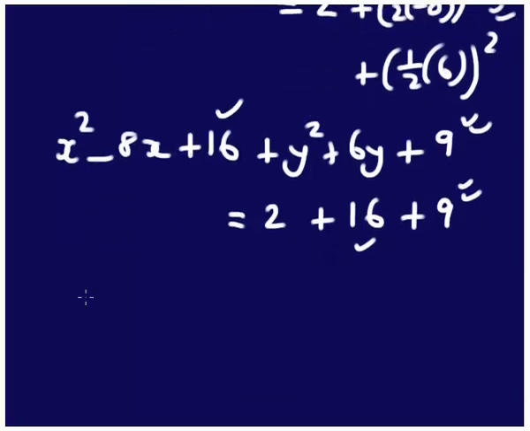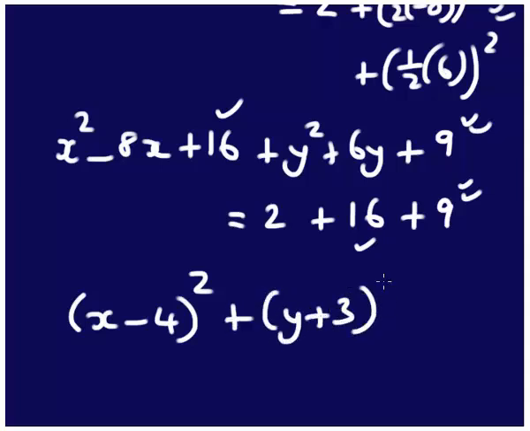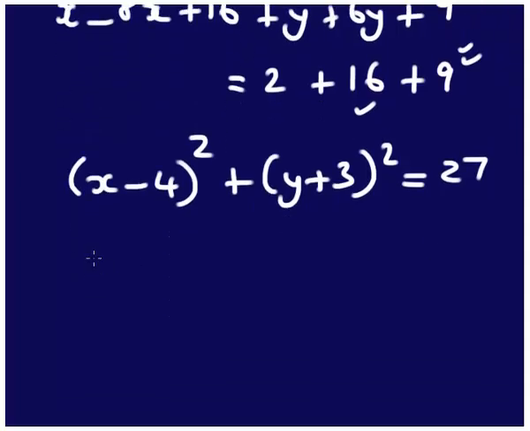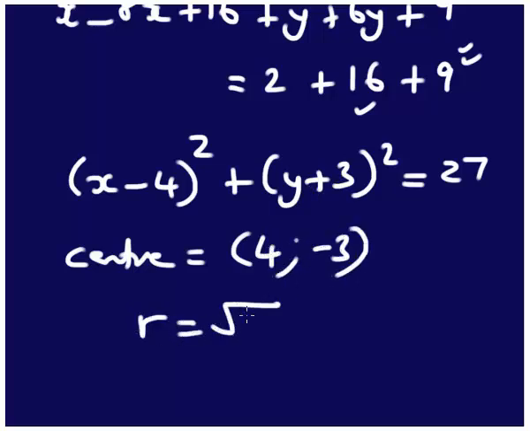So x squared minus 8x plus 16 is (x minus 4) all squared, plus (y plus 3) all squared is equal to 2 plus 16 plus 9, that's 27. Okay, now it's very, very easy to determine the center, which is going to be 4 for x, and for y, positive 3 becomes negative 3, and the radius is the square root of 27, and there you've got it.